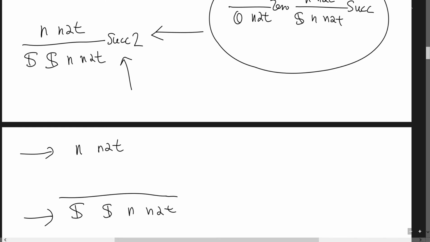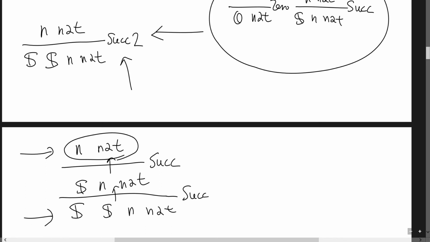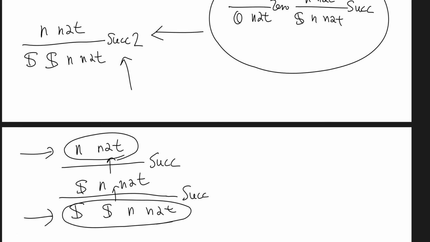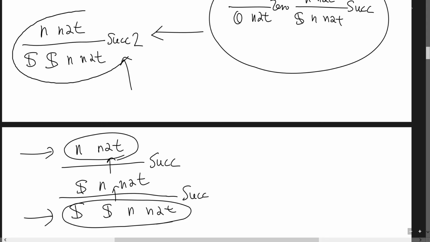We apply the rule successor to have successor n nat in the premise, and we apply the successor rule again to lead to the conclusion of the derivable rule. So if you are challenged to justify this derivable rule, you can always expand it into this derivation tree. So therefore, it makes sense.